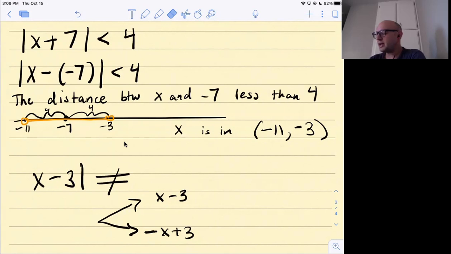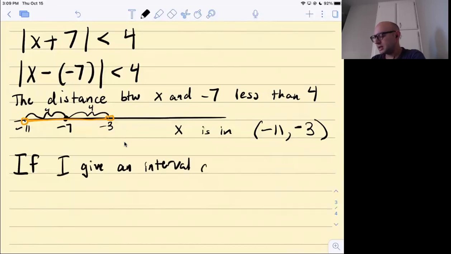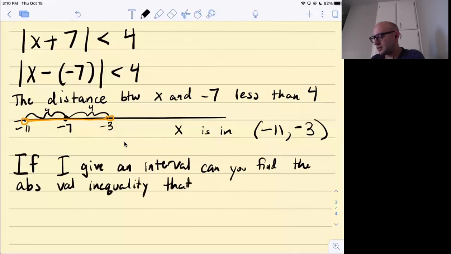Okay, there's one more thing that I want to do, and then I'll let you guys go. The last question is going backwards, and it's really straightforward. So let's go in reverse. If I give you an interval, can you find the absolute value inequality that it represents?